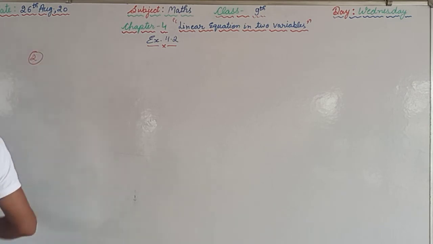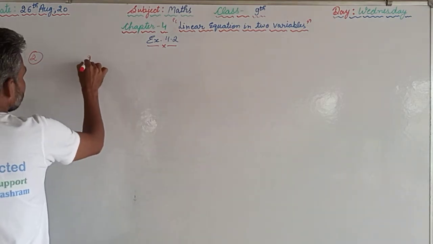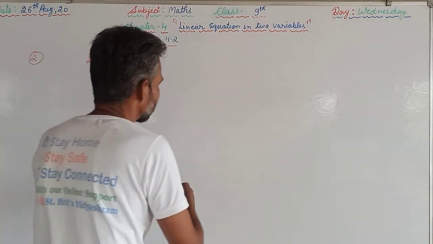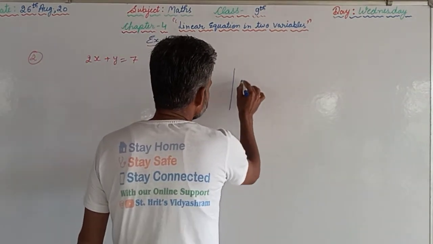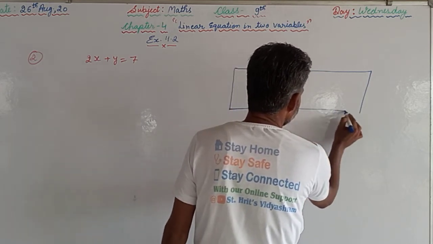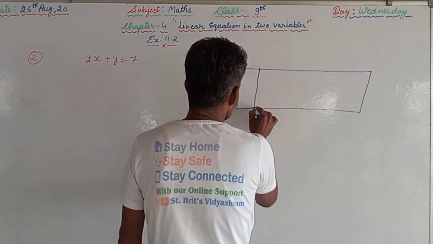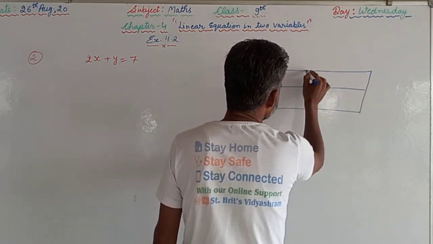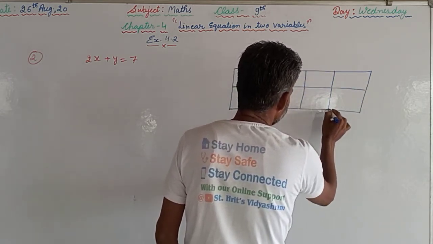The equation is given: 2x + y = 7, and we are supposed to find the 4 solutions. So for 4 solutions we will take a table and supply the answer in the form of a table. And here 4 means we want 4 boxes.